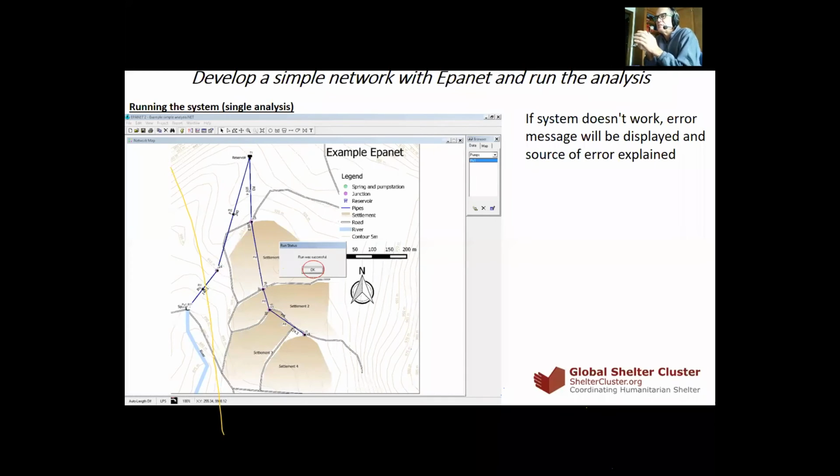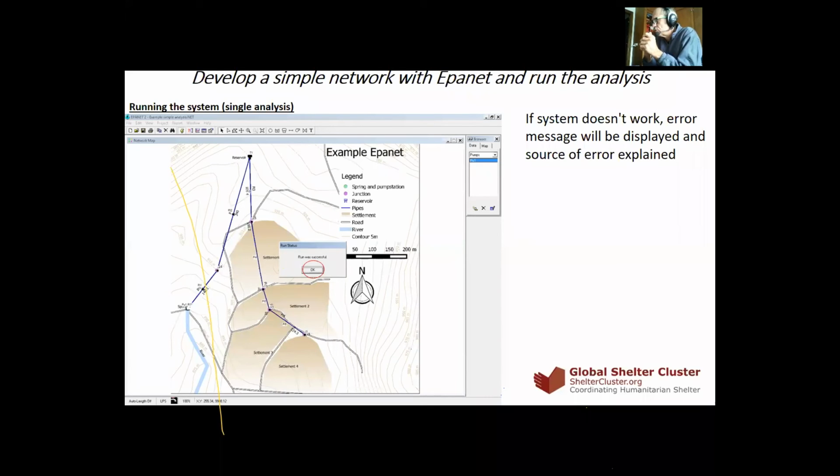This analysis is actually a single analysis and does not correspond at all to reality. This is just done to verify that the system is coherent, that all the pipes are connected, that you don't have a single junction somewhere without any connection.